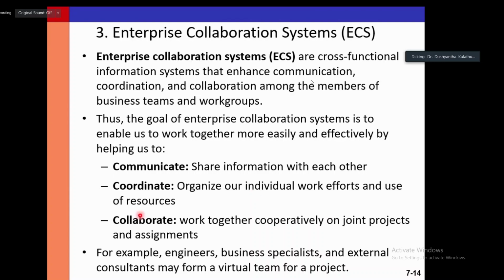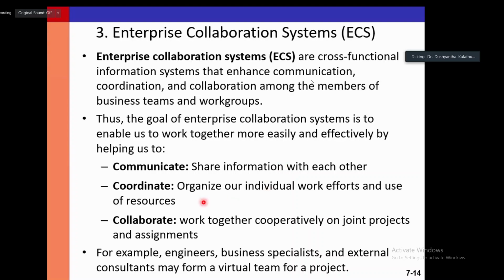Then collaboration is working together cooperatively on joint projects and assignments. This can be related to the earlier ones also. Altogether it facilitates working together, and they are in a position to work together as a team, and they can share whatever they want using different communication tools embedded into this enterprise collaboration system.